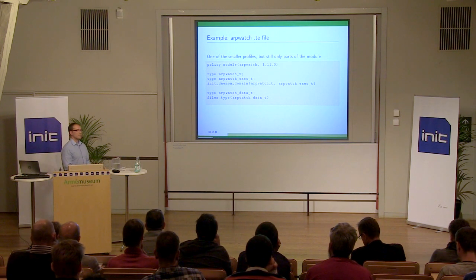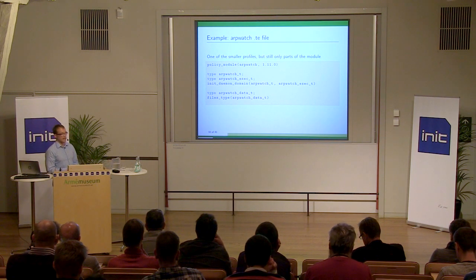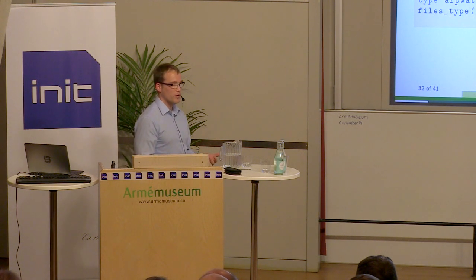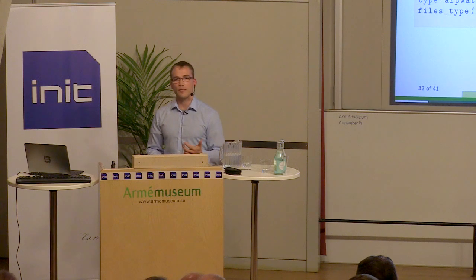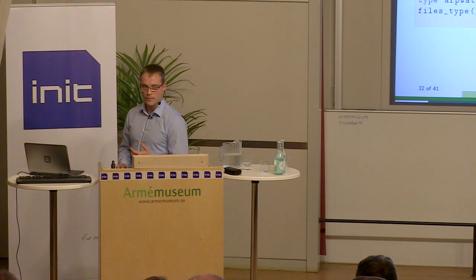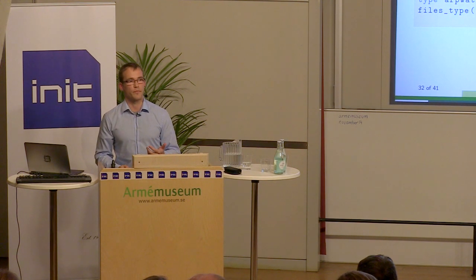This will probably be the type for our data files, and make it known to the reference policy with the interface call files_type. With this call, we tell the reference policy, we use this type to tag certain files. And this can become important if someone else wants to write, for example, a backup program.